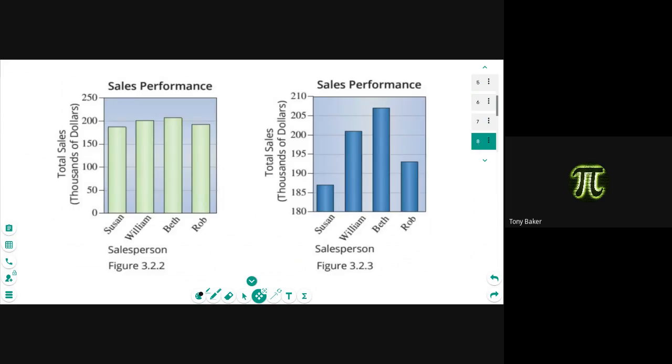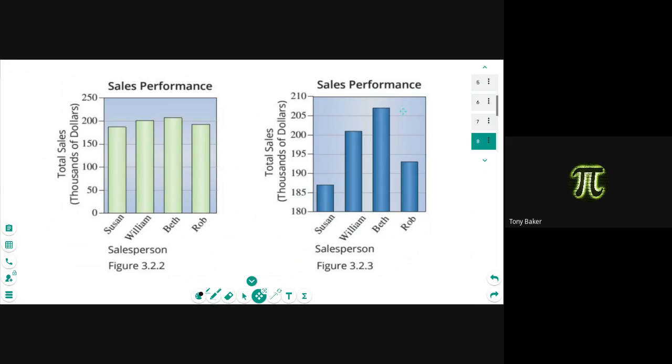Two more graphs. I'm a boss that wants to fire Susan. Which graph am I using? This one, the right one. Okay. Are they both graphs showing the exact same data? Yeah. Again, one just starts off at a different number.